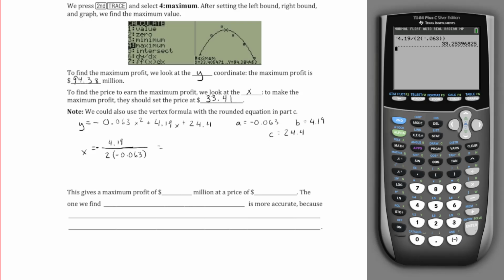We get x is about 33.25. And then y is negative 0.063 times 33.25 squared plus 4.19 times 33.25 plus 24.4.